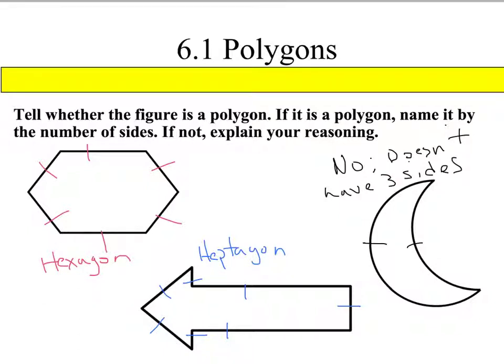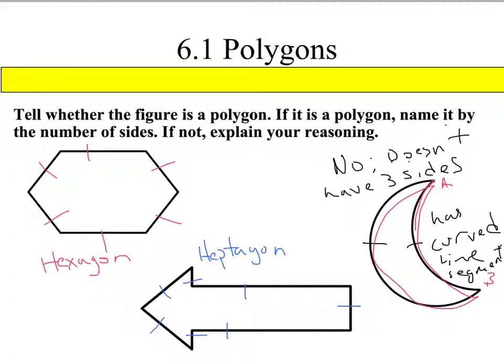Notice that line here from point, let's call this A and let's call this B. From point A to point B, all lines are going to be curved. So it doesn't have 3 sides and has curved line segments. So that's 2 ways.